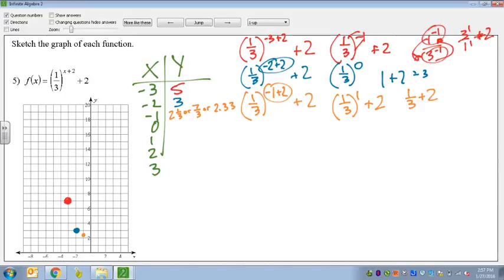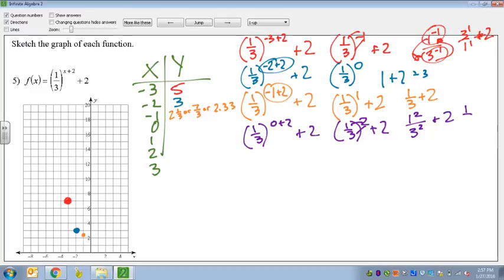All right, here we go. So if we plug in 0, 0 plus 2 plus 2, that's going to give me 1/3 squared plus 2. And the exponent applies to both numbers, so it would be 1 squared over 3 squared, which is 1 over 9, plus 2, which is 2 and 1/9.